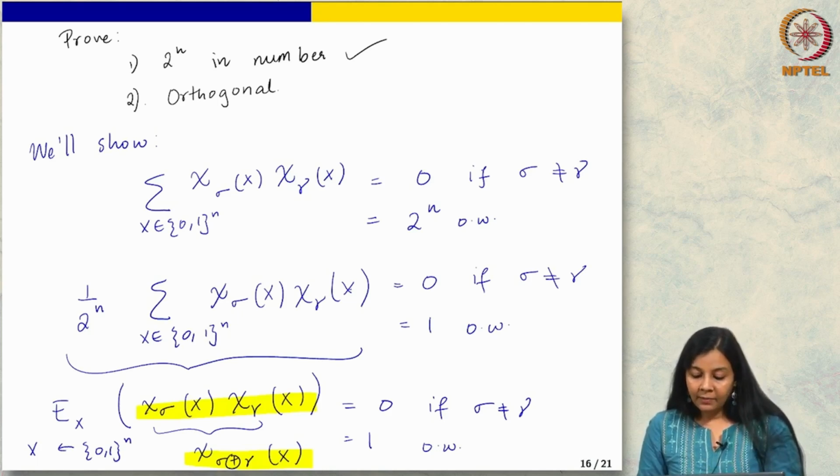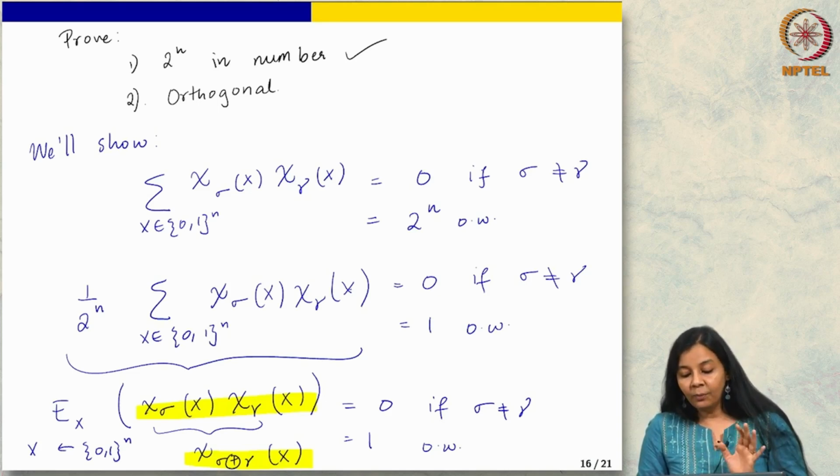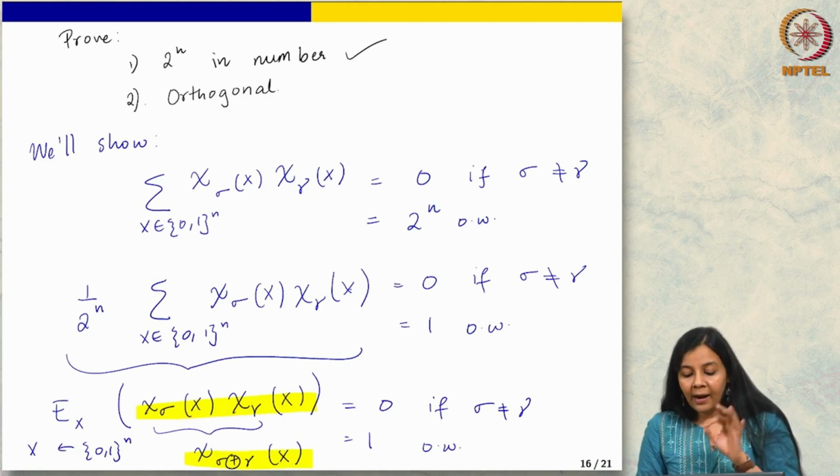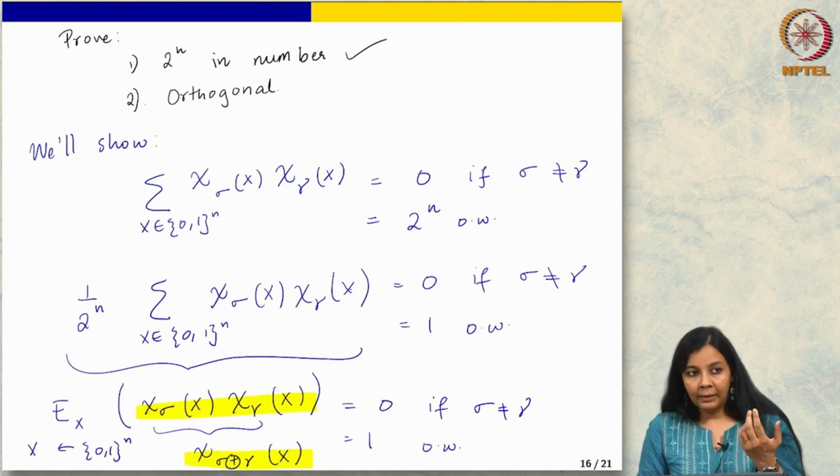But the reason that we are seeing it this way is to convince you that it suffices for me to just understand the expectation of chi sigma of any one thing x. If I understand the expectation of chi sigma x, then that is going to be enough for me to prove whatever I need to prove.